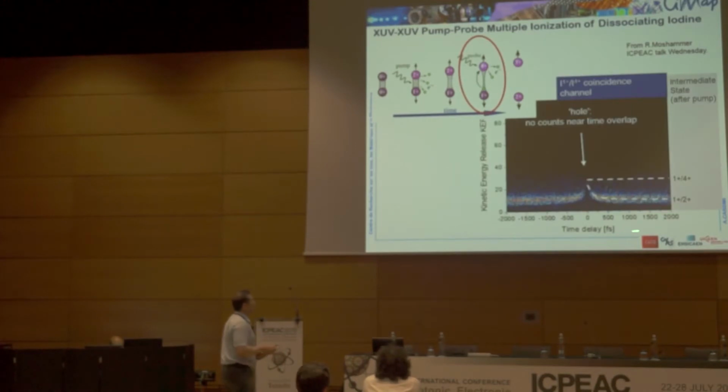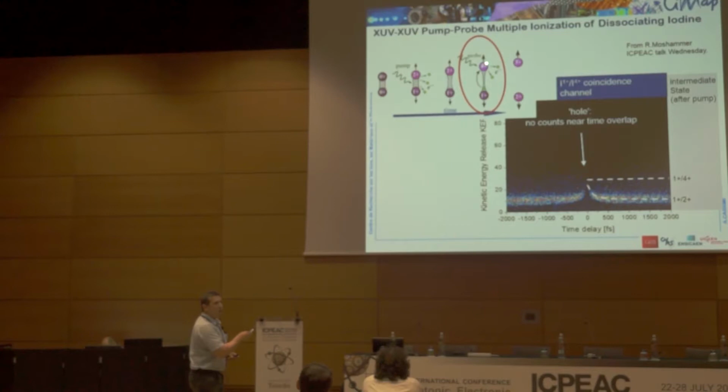And this is what the result is: if the pump is too close to the probe, you have none of this fragmentation channel, because if you remove more electrons on one atom too early, then the other electrons, because of the electron mobility, just change the center and try to get to the equal sharing of electrons. And you have to wait a certain time before you can get it.